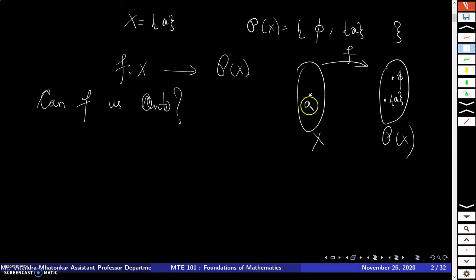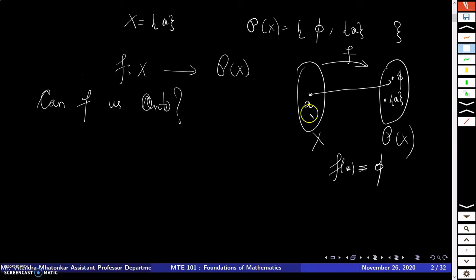Now I have one point here, A, inside the set X. Okay, so I can map it to any one of them. Let's say I map it to the empty set. So let's say f of A is the empty set, this subset of X. Then is there any pre-image for the second subset, that is the singleton set A inside the power set of X? Can you find a point here which is mapped to this?